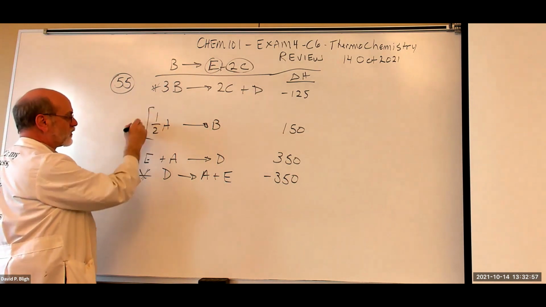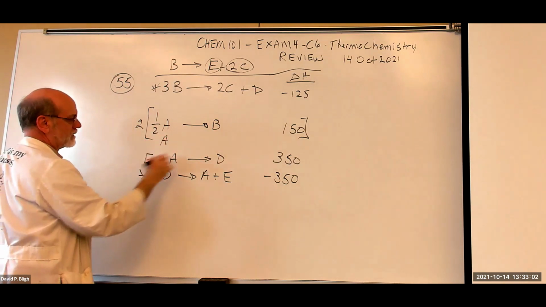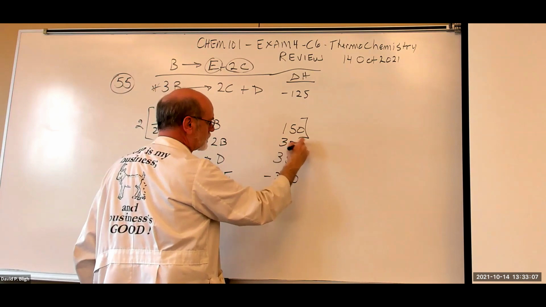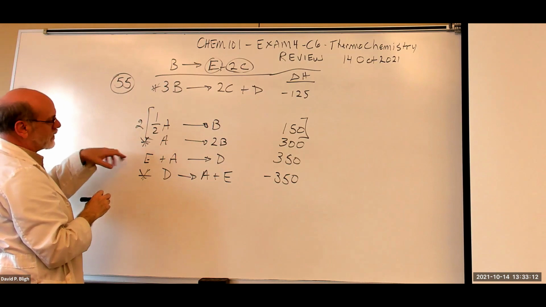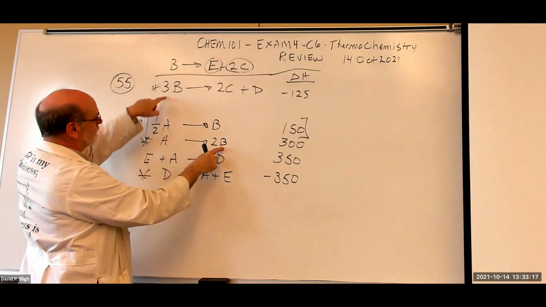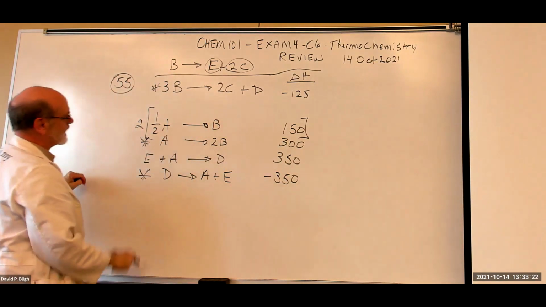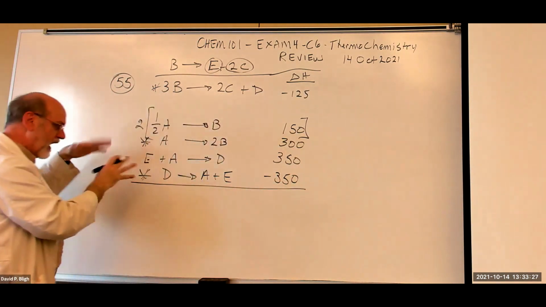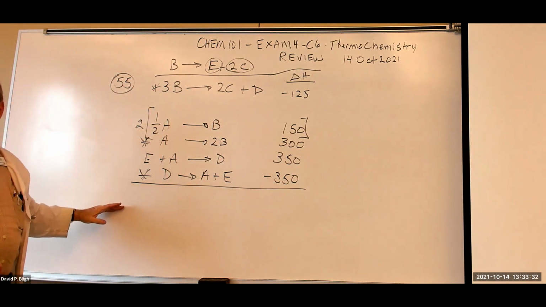So this one we're going to multiply by 2. And that gives us A yields 2B, and then 2 times this is 300. So if we use that one, will that do what we want? Well, get rid of an A, and now it gives us 2 B's. 2 B's cancel 2 B's on this side, leaves us 1 B. Okay, so if we use this one, and this one, it might be easier to follow it if we just bring these 3 down, add them all together down here.